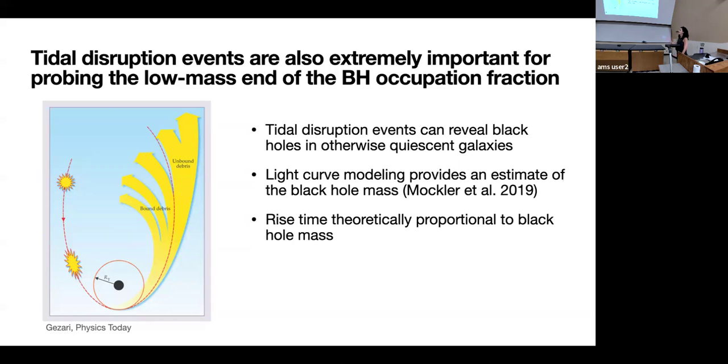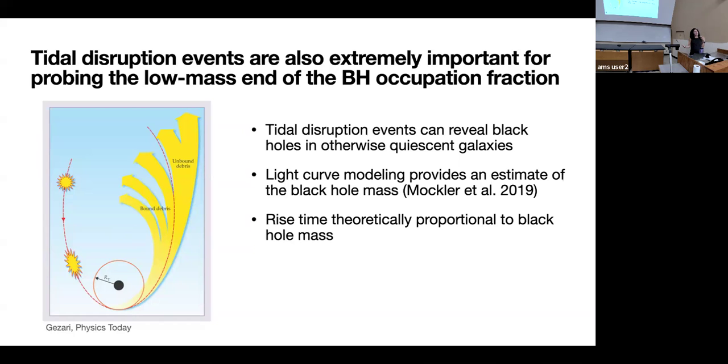You have a star that happens to wander within the tidal disruption radius of a black hole. And basically the star gets torn apart. Some of that debris will fly off into space. Some of it becomes bound and will accrete onto the black hole. So when this happens, you get a really bright flare called a tidal disruption event.